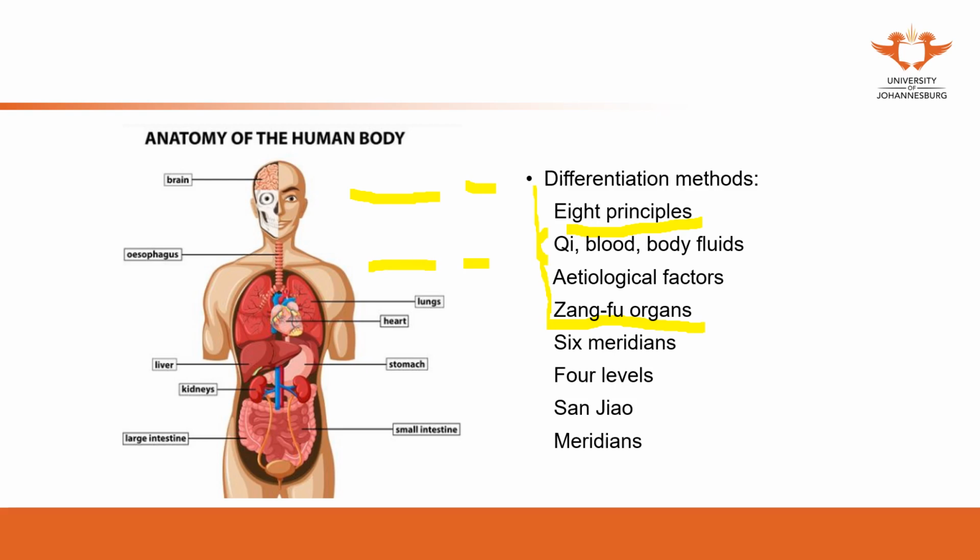And from qi, blood and body fluid, we can understand which aspect has been affected: the qi, blood, or both. For the etiological factors, we can identify what the possible causes are. And from the Zangfu organs, we can identify the location where the diseases are, such as in the liver, the lungs, or the kidneys.